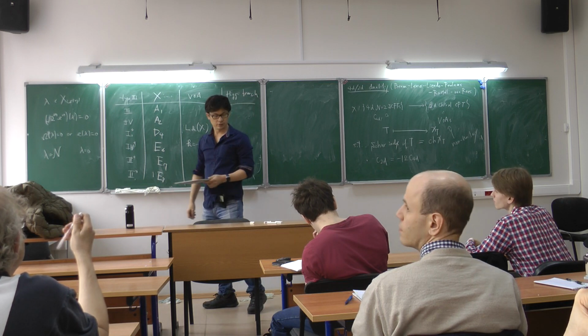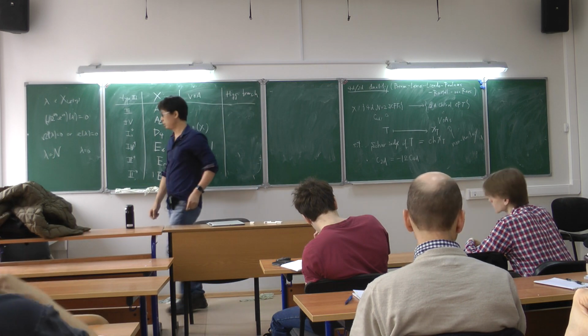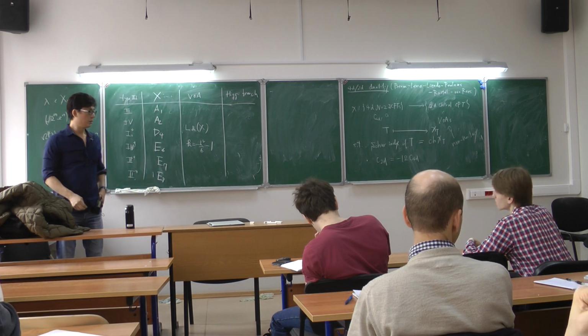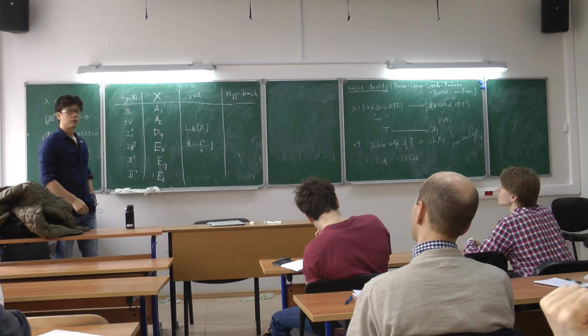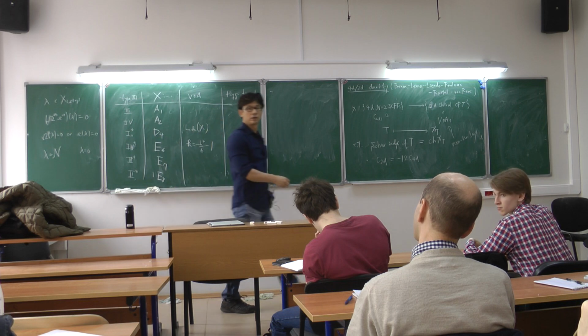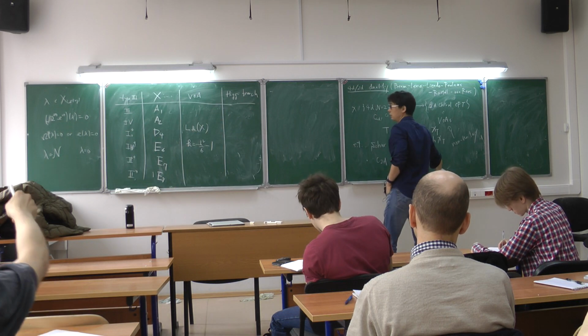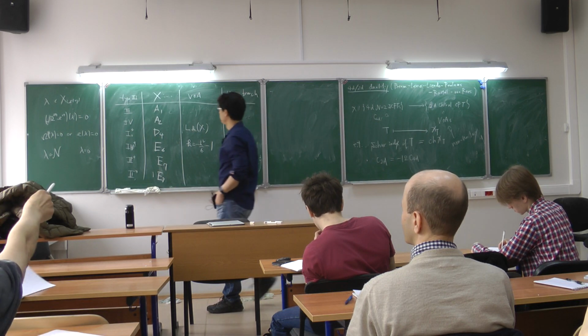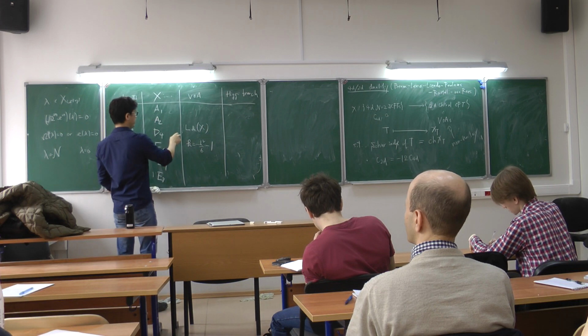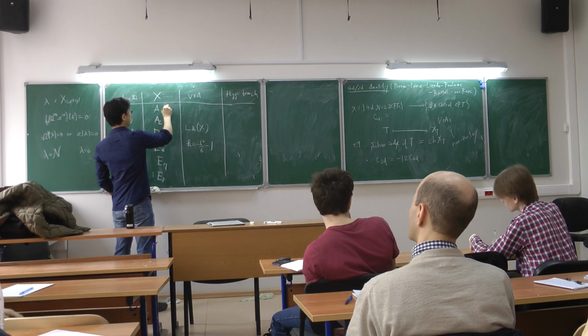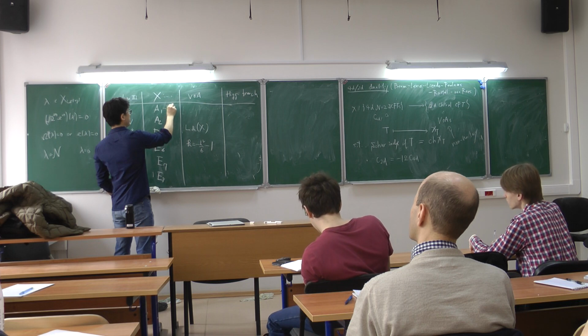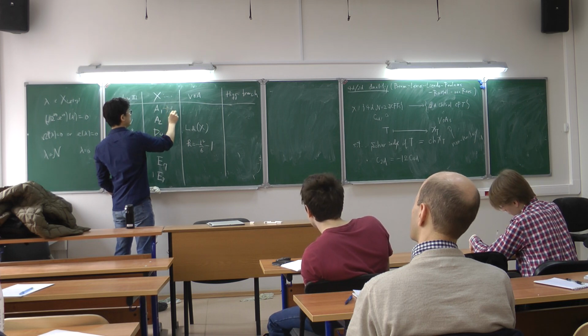So you mean that all the entries are L_k(X)? Yeah, where k equals this. At least the first line in A1, what we had before. So this is minus 2 over 6 minus 1.